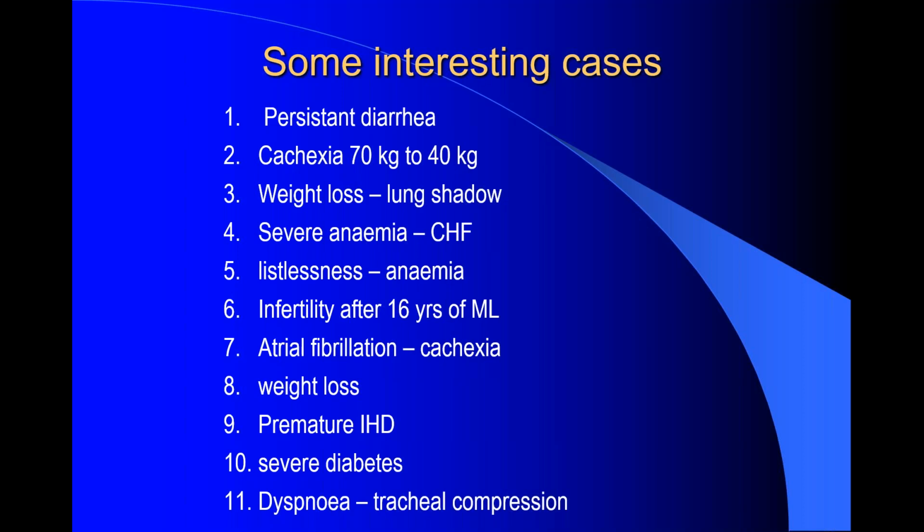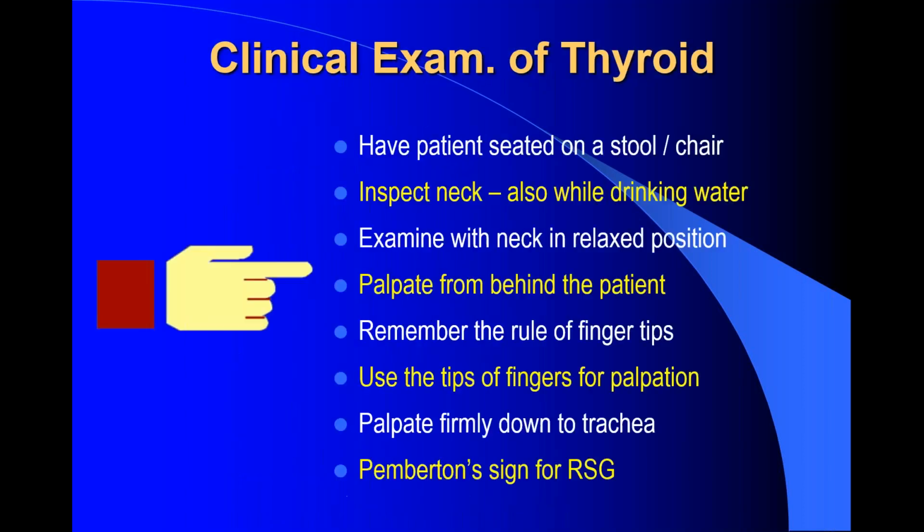So there are some typical scenarios in which a patient can present with persistent diarrhea, cachexia, maybe weight loss. Patient can just present with CHF. Patient can present with infertility, atrial fibrillation, weight loss, diabetes, or just loss of hair, non-specific symptoms, and you have to diagnose the disease.